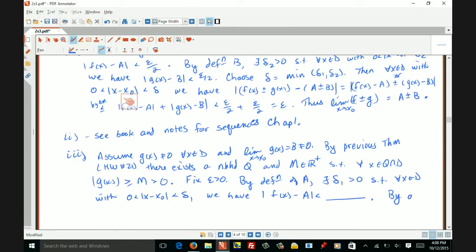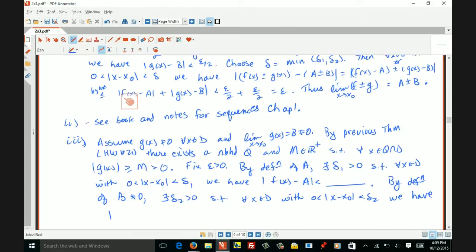By definition of B, I know that there exists a delta 2 greater than 0, such that for all x in D, with 0 less than absolute value of x minus x naught less than delta 2, and this is going to be our absolute value of g of x minus b is less than, here again, something.